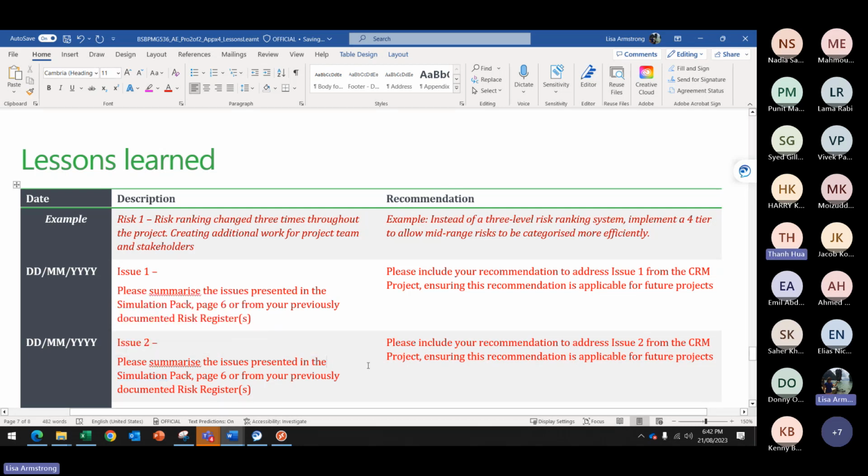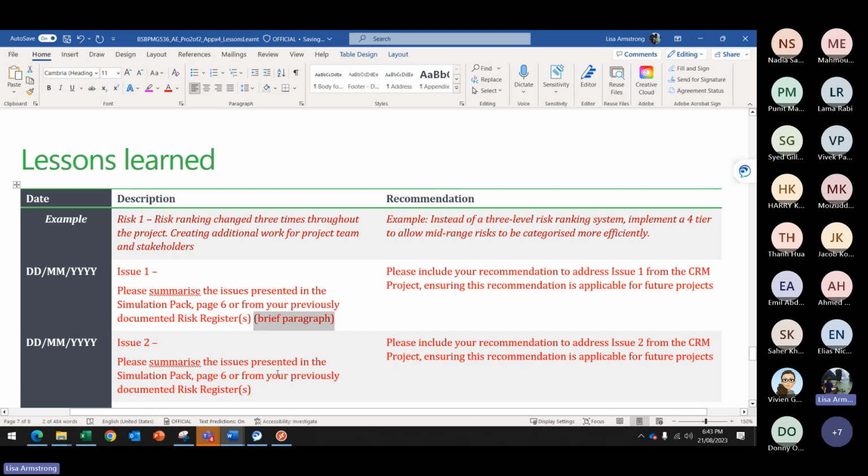So, Lisa, do we just list 2 issues? Yeah, so you're going to summarize the issue. You pick an issue and write a brief paragraph. Please summarize, I'd say a brief paragraph. You only need one on each line, basically. That's all that's required.